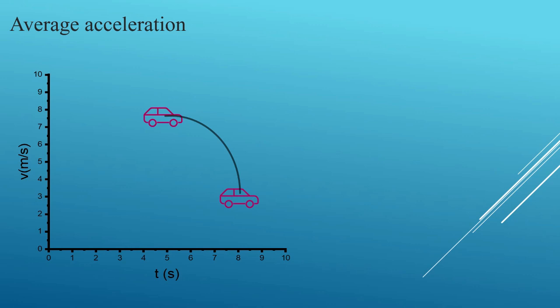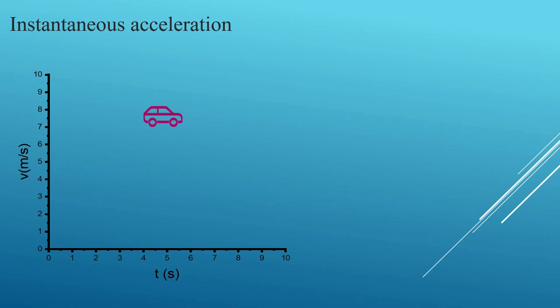Still, we only care about the first and the last point, right? So the average acceleration is going to be the slope between the first and the last point, right? And then the instantaneous acceleration is going to be the tangent slope at the point I choose. For example, if I choose the point right here, the instantaneous acceleration is going to be the slope of the tangent.